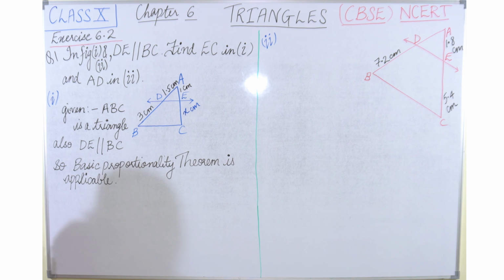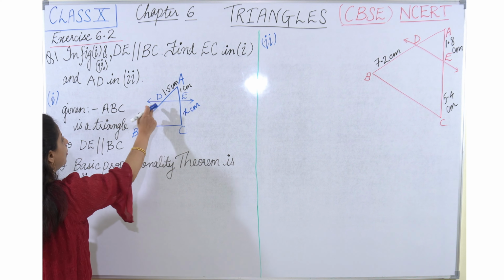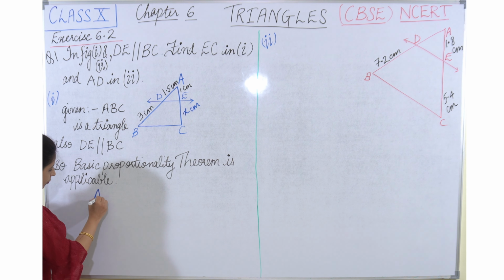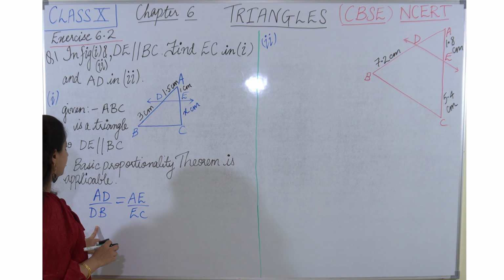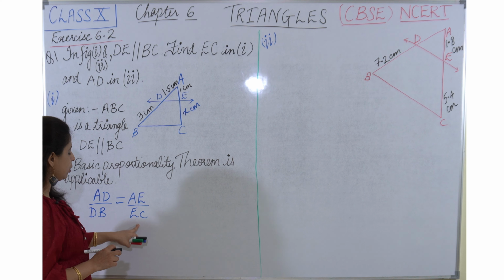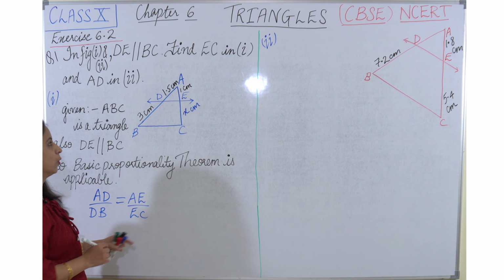So according to the basic proportionality theorem, AD upon DB will be equal to AE upon EC. We have already been given the values of AD and DB, so we need to find out the value of EC over here.